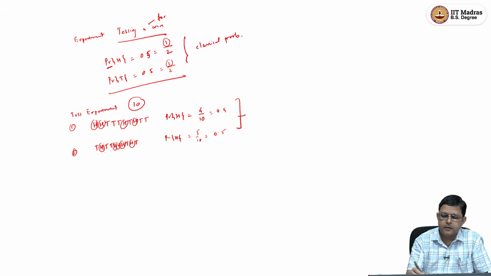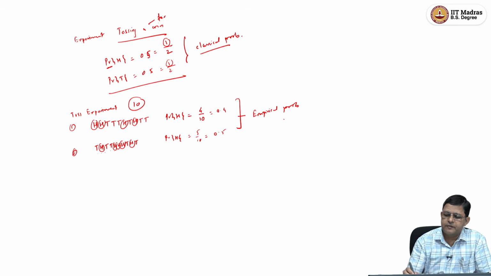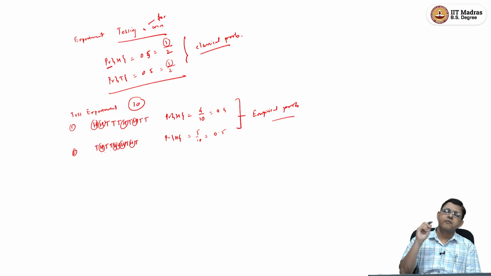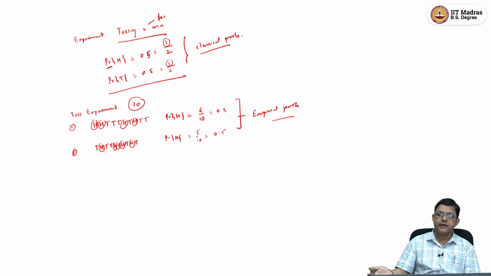So, this is your empirical probability. So, 2 ways of defining probability: empirical probability and classical probability. For classical probability, I do not have to conduct an experiment. Empirical probability, I must conduct experiments, and probabilities are actually derived from experiments.